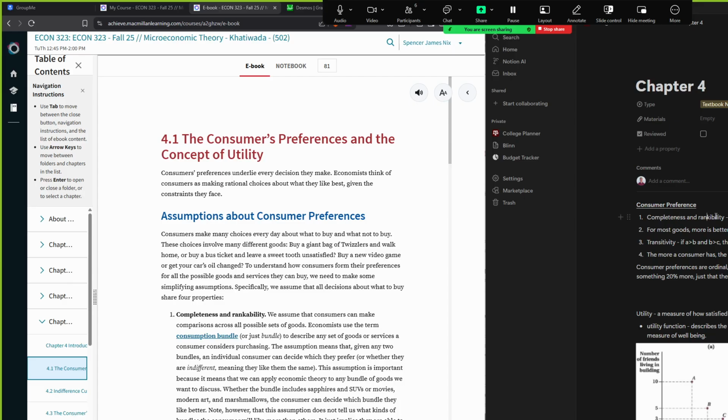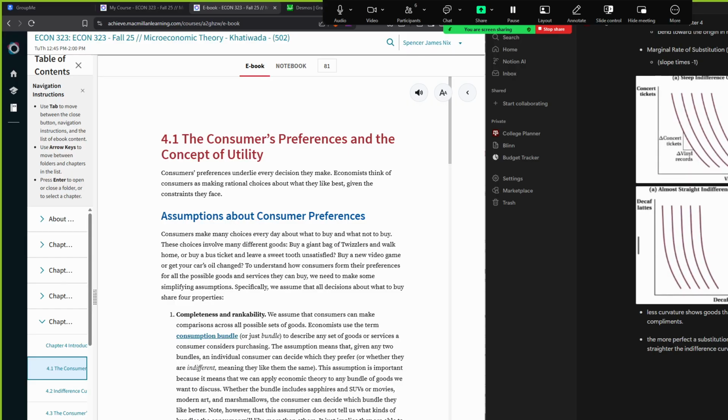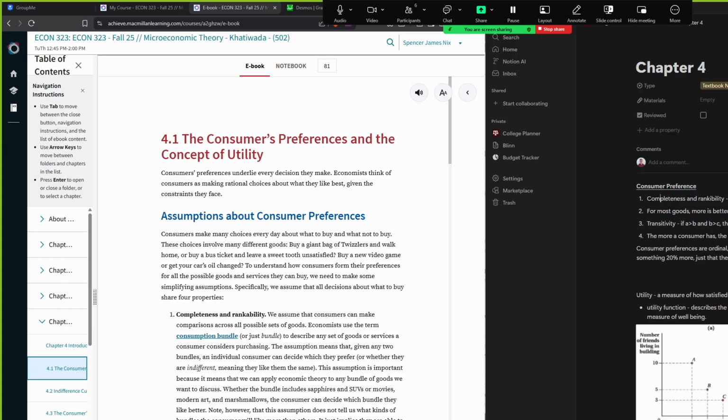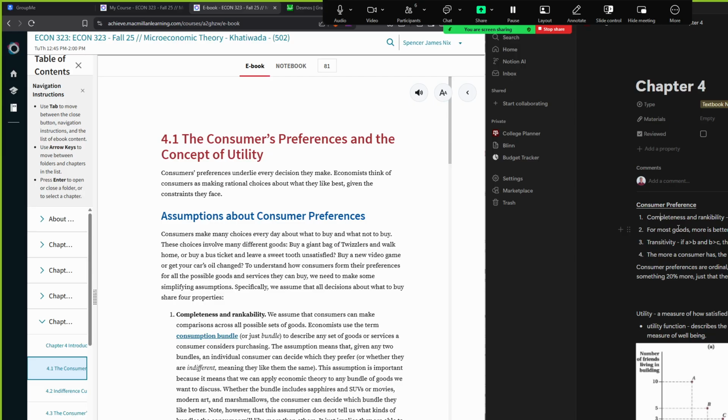We have to assume that they have a preference, and that they don't just not care. There's ways to show that they don't care with graphs, but you want to know that they can choose one or the other, basically.